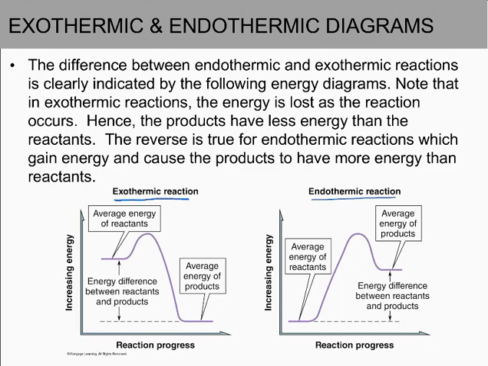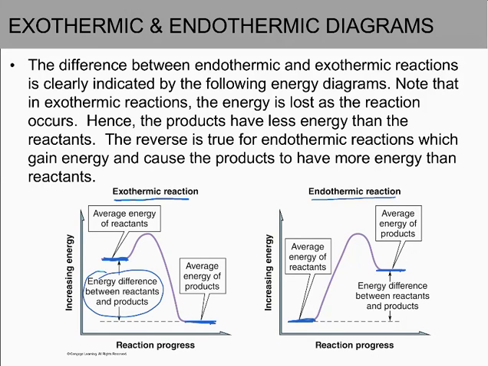And you'll notice that they're kind of flipped. They're sort of the inverse of each other. So in an exothermic reaction, the reactants are higher in energy than the products. And then for an endothermic reaction, the reactants are lower in energy than the products. So they're flipped here.